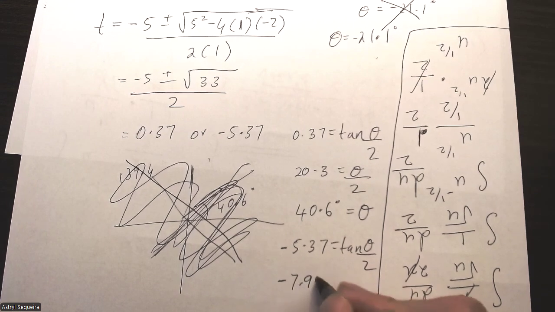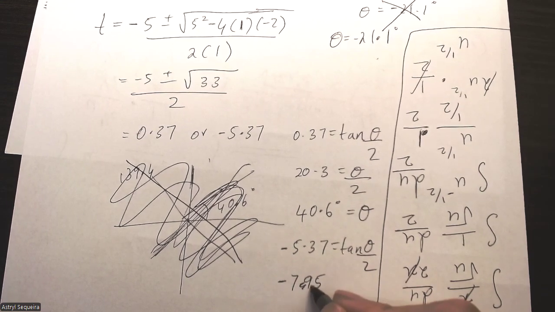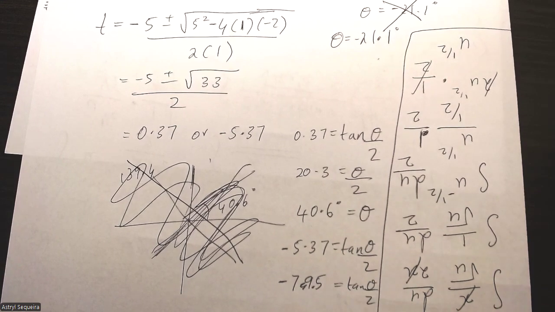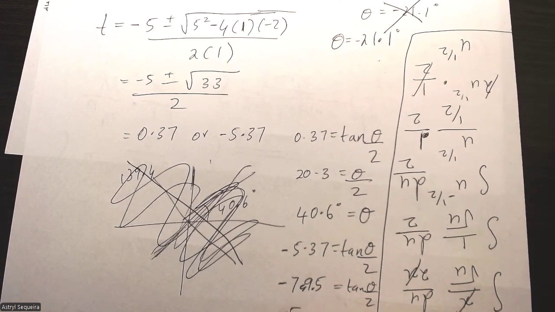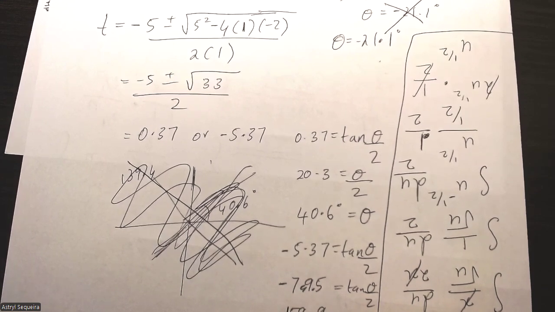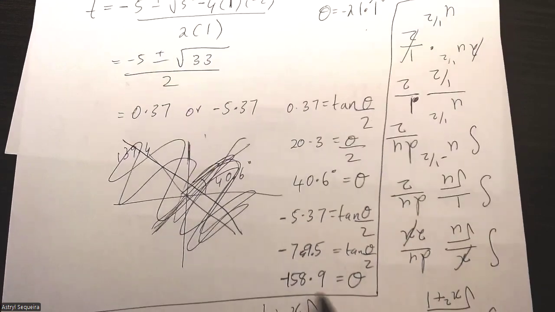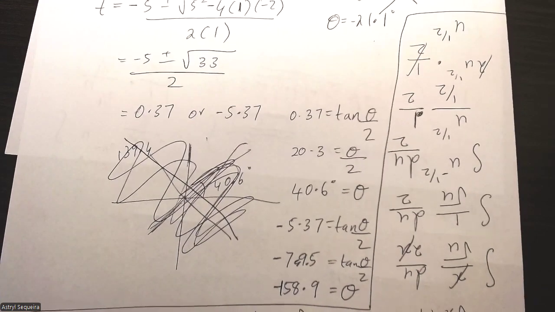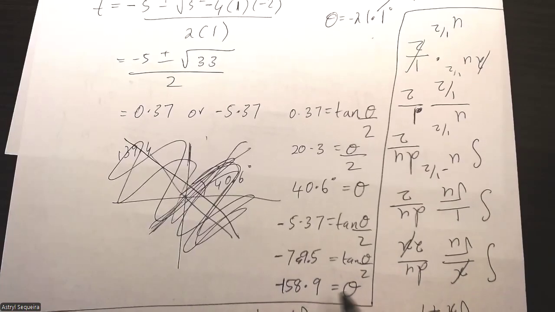Then let's do the second solution, negative 79.5. Got to multiply that by 2, so negative 158.9 equals theta, but negative 158 is not between 0 and 360, so this one is actually invalid. But to find the solution corresponding to this one, we know that we have a period of 360 degrees for this wave because it's cos plus sine in the original equation.